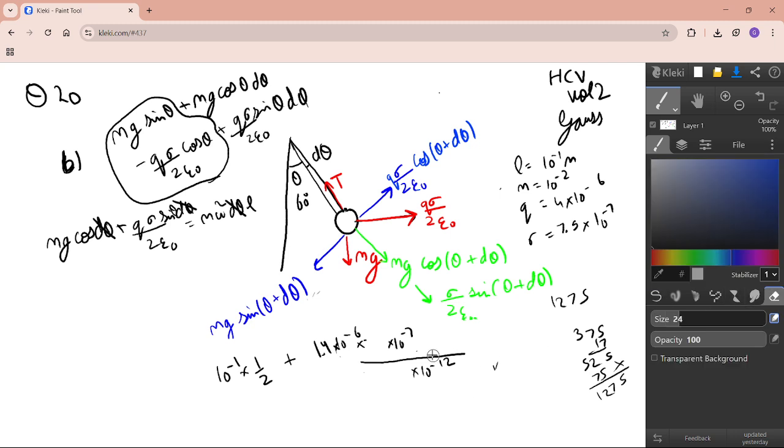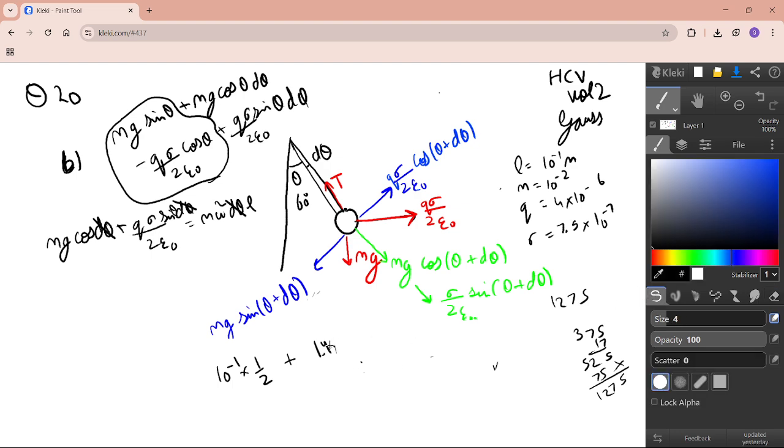And this comes out to be 12 minus 13, which is minus 1, is equal to m, given 10 power minus 2, omega square. L is 10 power minus 1. This gets cut. 1.4 and half is 1.9. I'll approximate as 2. And 2 into 10 power minus 2 omega square is 4 pi square by T square.